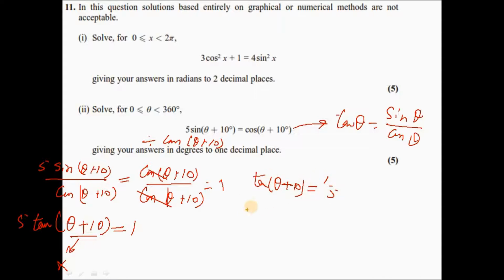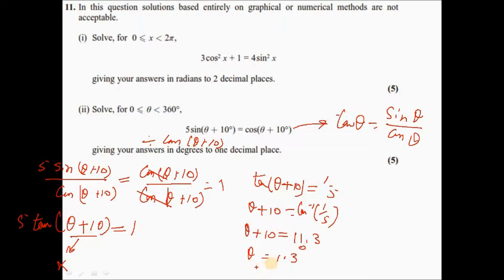And if you find tangent inverse, then theta plus 10 is equal to tangent inverse of 1 upon 5, and it will give you theta plus 10 equal to 11.3. And when you find theta, theta will be 11.3 minus 10, that means 1.3 degrees.